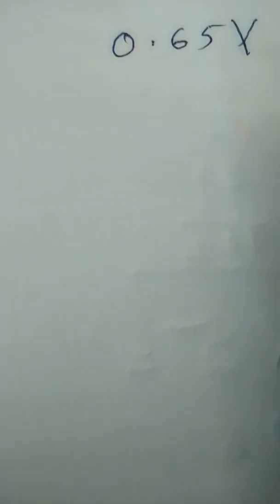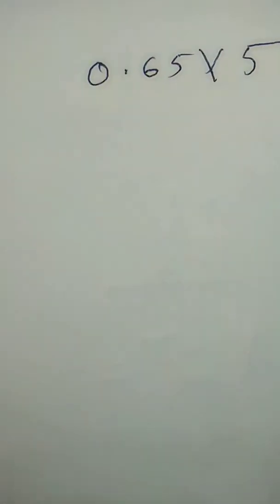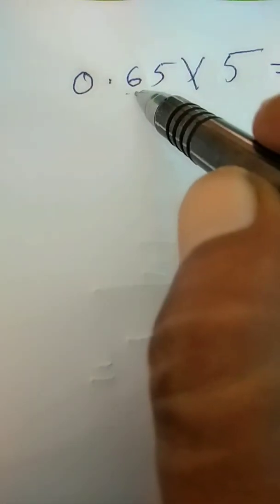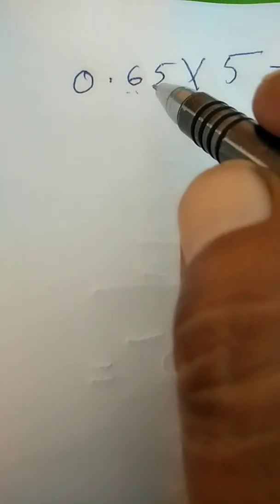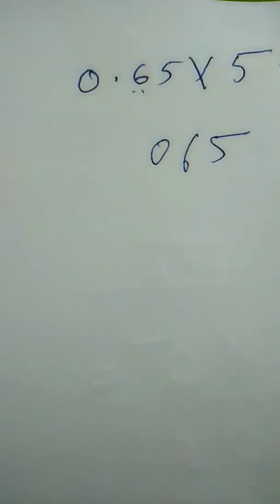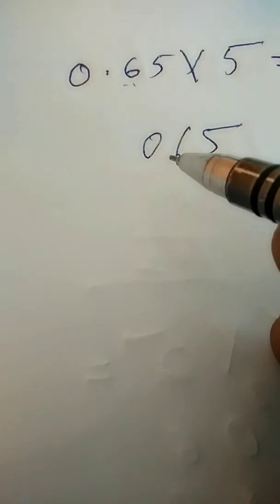0.65 multiplied by 5. Okay, so what will be the answer? To find the answer, firstly we will multiply it without the decimal, which means we will ignore the decimal.